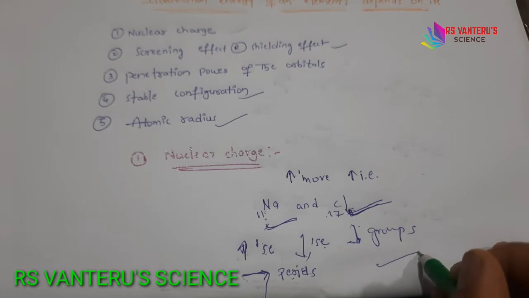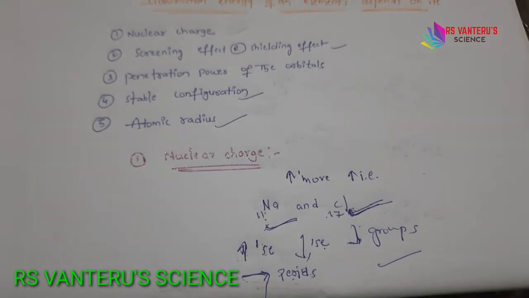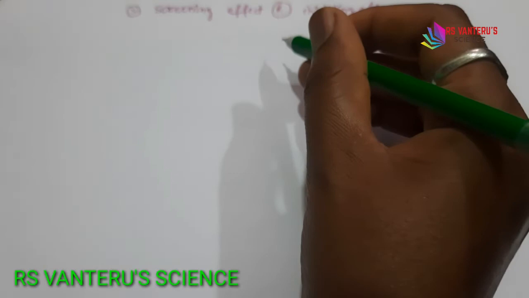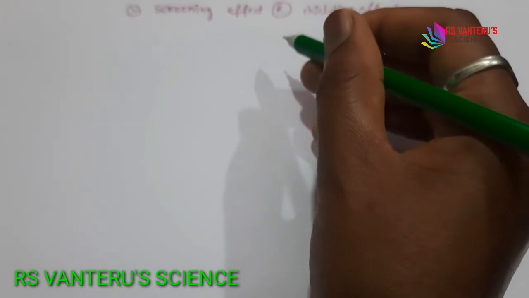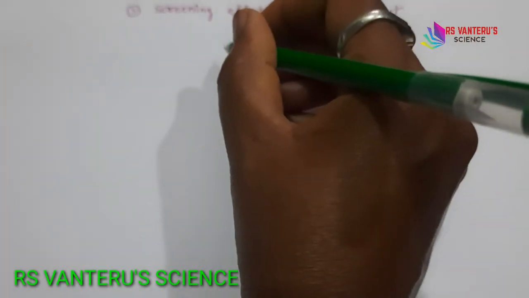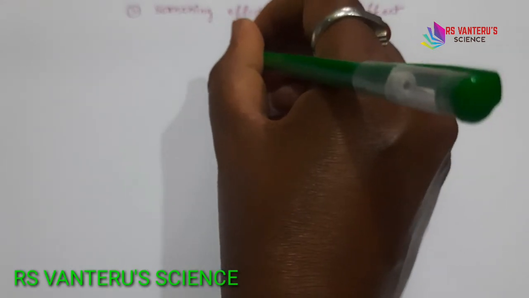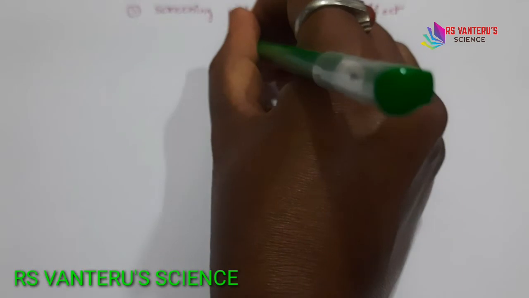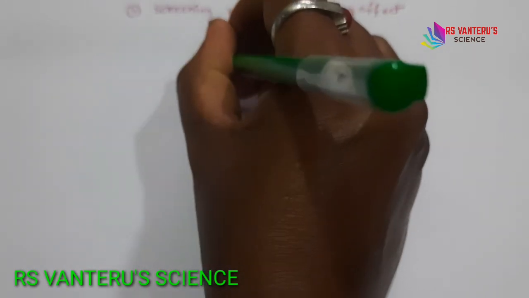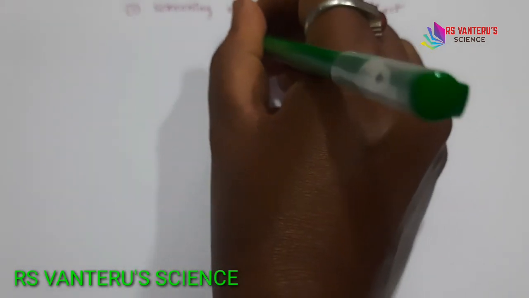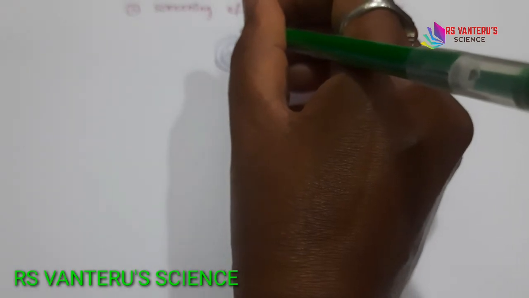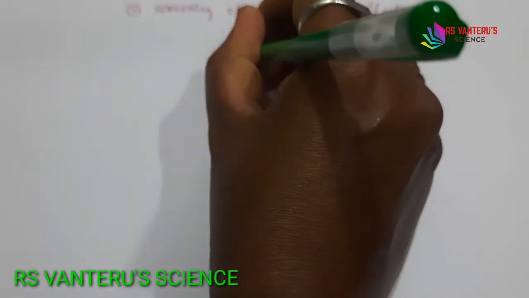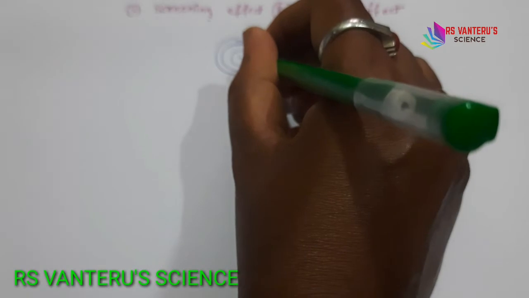And second one, screening effect or shielding effect. More the shells with electrons between the nucleus and the valency shell, they act as screens.